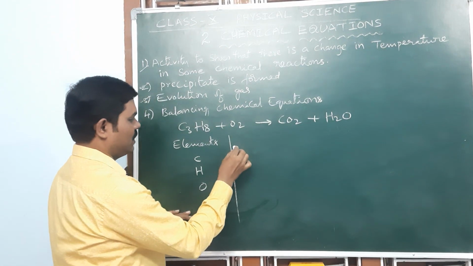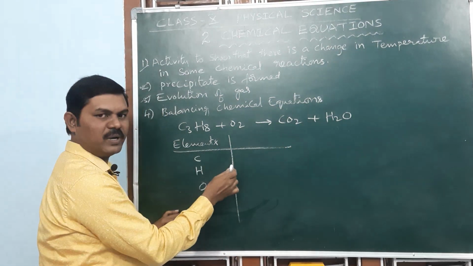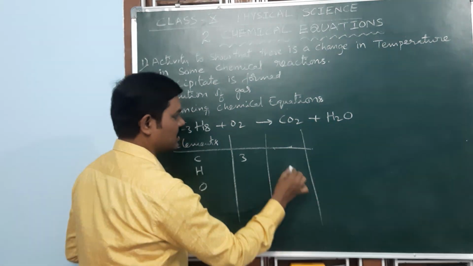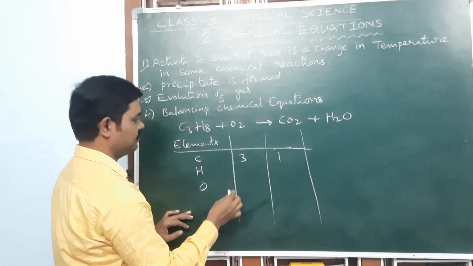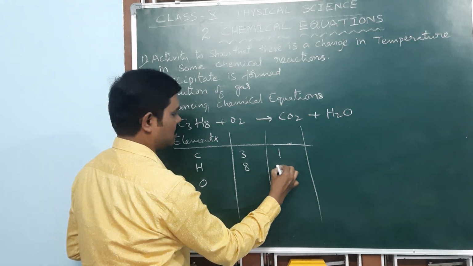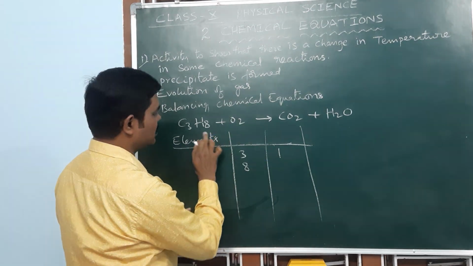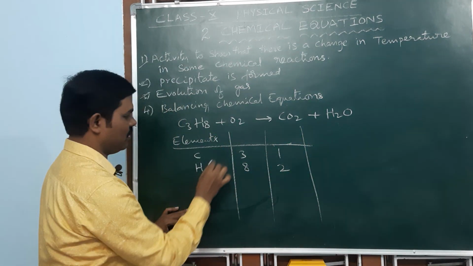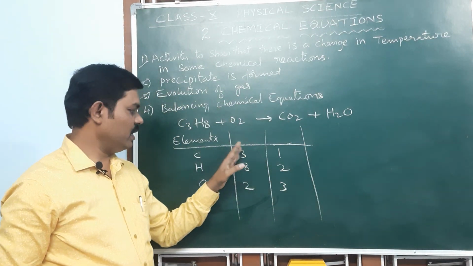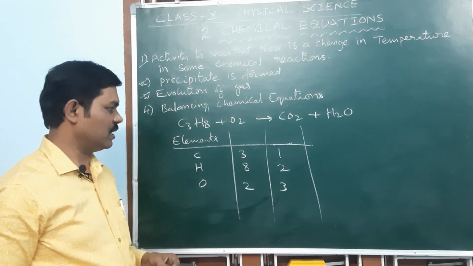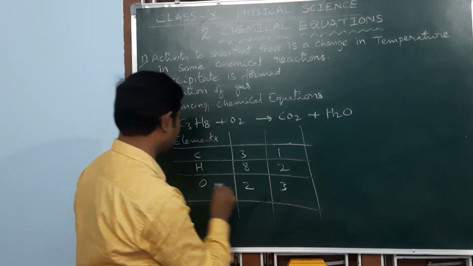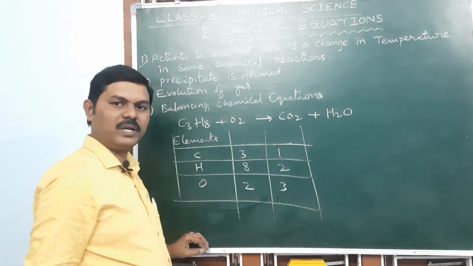Carbon: 3 atoms on the LHS, and on the RHS 1 atom. Hydrogen: 8 on the reactant side, 2 atoms on the product side. Oxygen: 2 atoms on the reactant side, 3 atoms on the product side. So every element has different numbers. In order to balance the carbon, hydrogen and oxygen atoms, we have to take the appropriate numbers.